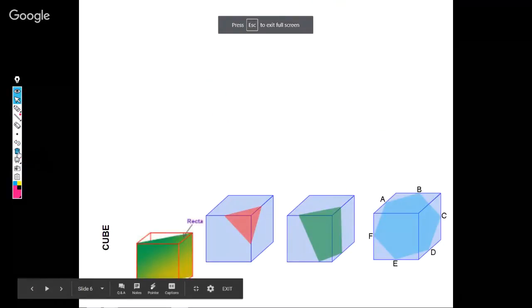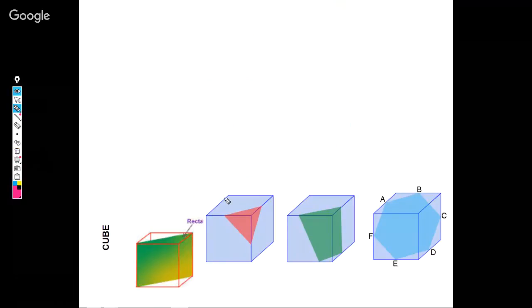Look at the cube. A cube, I didn't know this, but I knew you could get a rectangle by going diagonally. Because remember, think about a squared plus b squared equals c squared. The hypotenuse is always going to be longer because of the right angle. You can get a triangle by cutting off the corner. You can get a trapezoid by cutting off at an angle, the top and bottom. And who knew this, Jaymani?